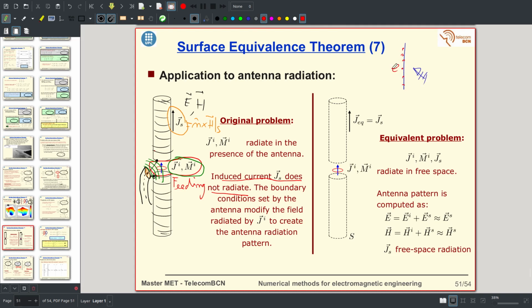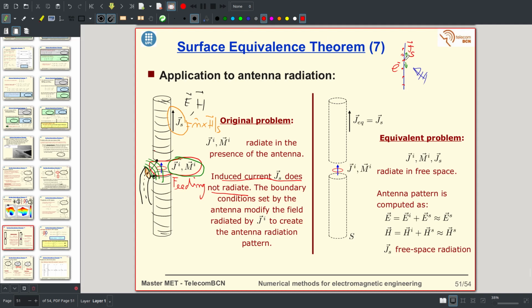The incident field accelerates the electrons, so they move harmonically. They have a sinusoidal movement, a harmonic movement. And this electron moving is the induced current.